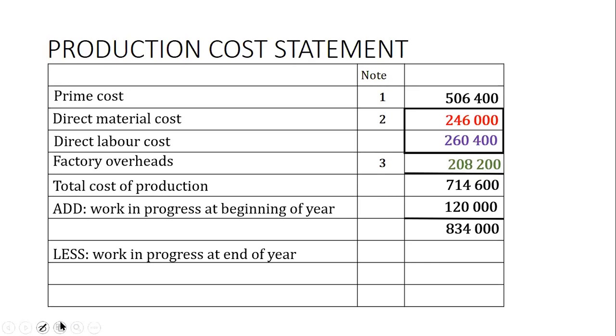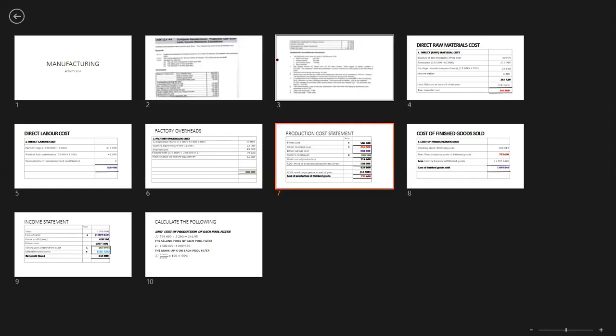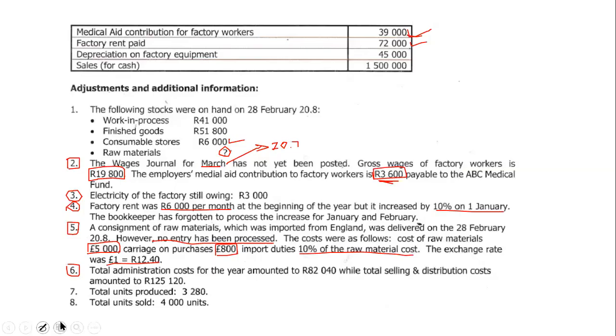Let's check if we were given work in progress at the end of the year. Was it given to us? Don't we have to calculate it? Check that.